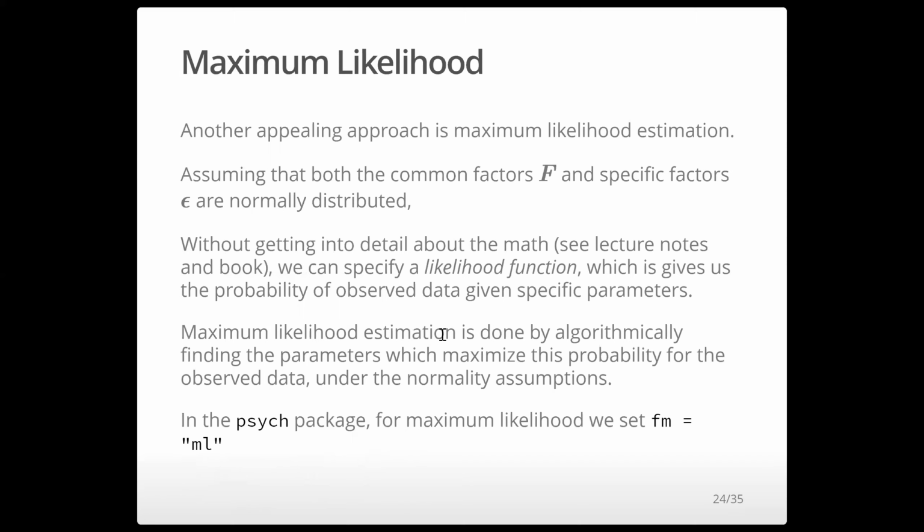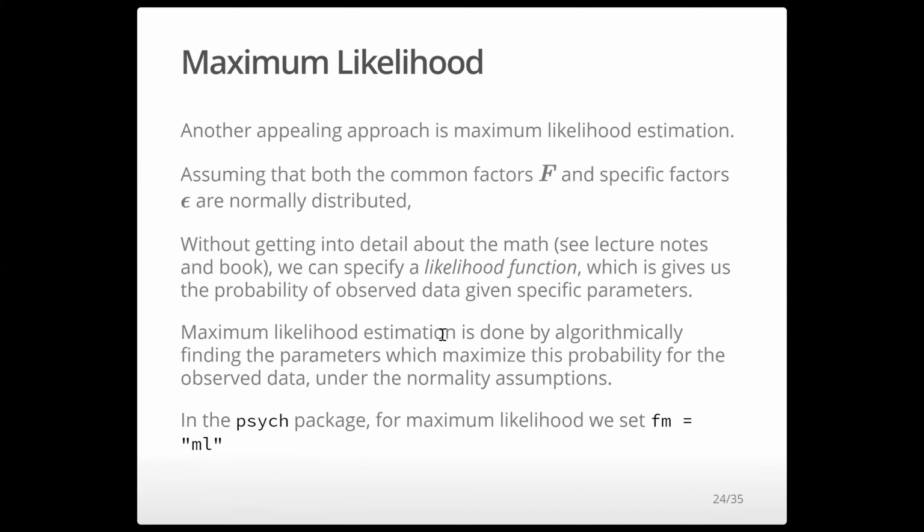Another approach to estimating an orthogonal factor model is the maximum likelihood approach. Assuming that both the common factors f and specific factors epsilon are normally distributed, we can use maximum likelihood. That's the assumption here.